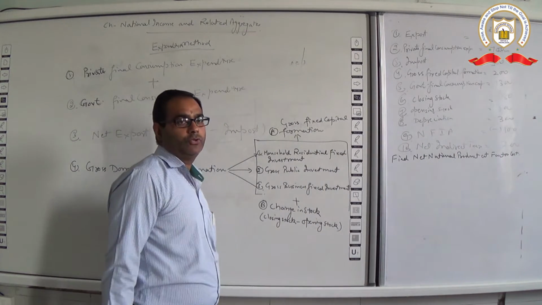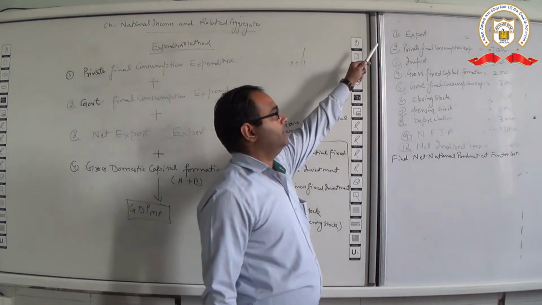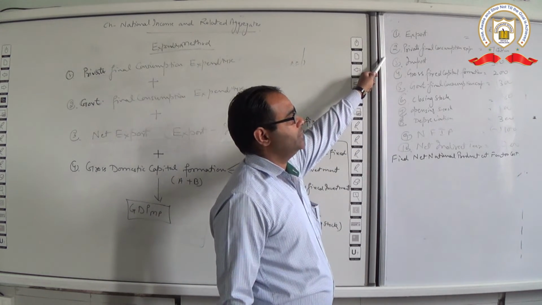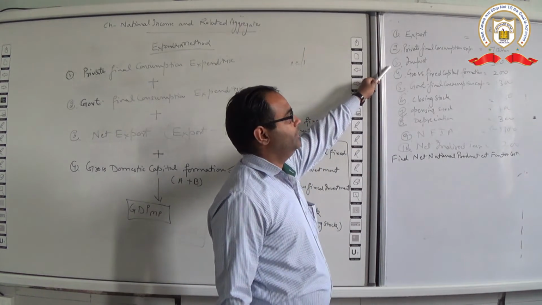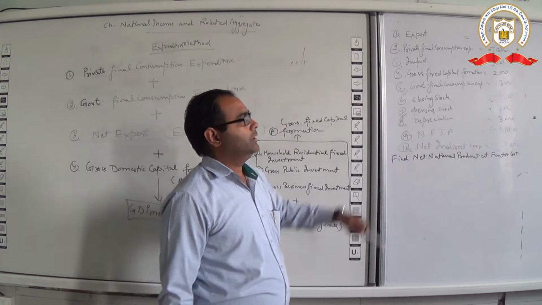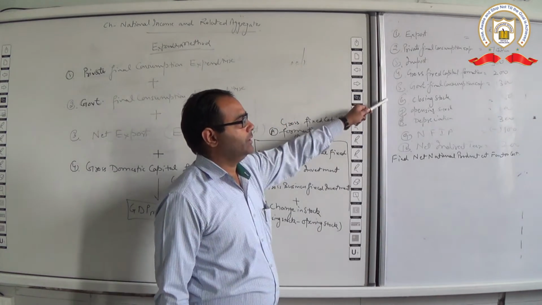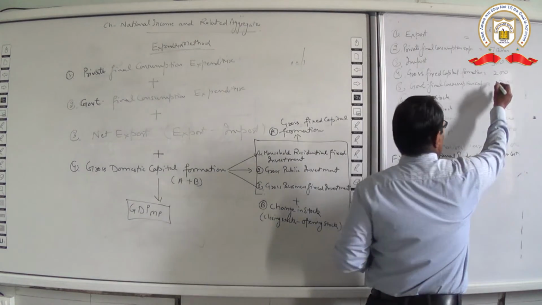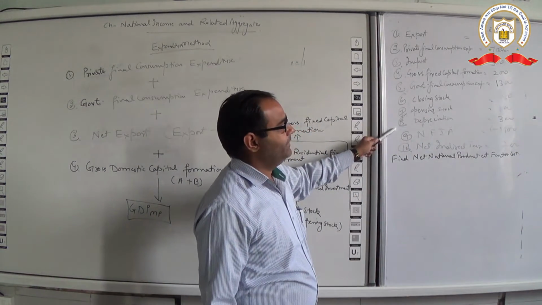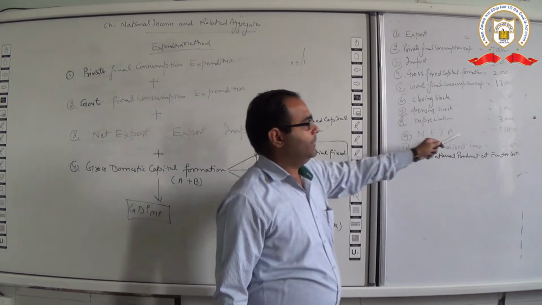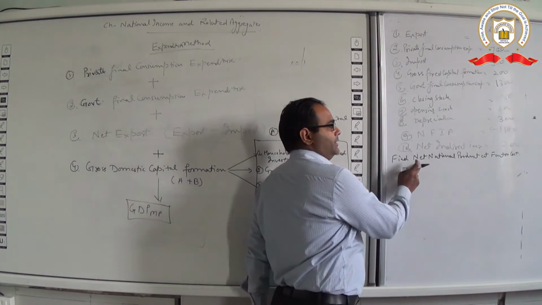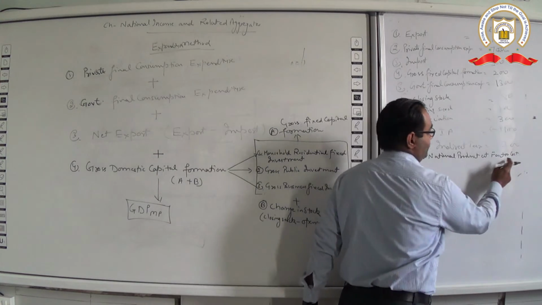Now, I am repeating the question. The values given are: export 100 crore rupees, private final consumption expenditure 700, import 300, gross fixed capital formation 200, government final consumption expenditure 1300, closing stock 80, opening stock 100, depreciation 300, NFIA minus 100, net indirect tax 200, and we have to calculate net national product at factor cost.